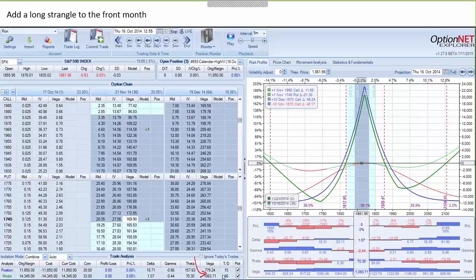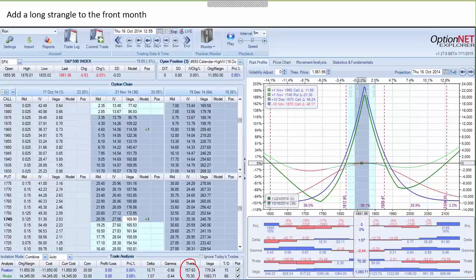On top of that, notice that our risk graph looks not bad at all, right? Notice that our theta, yeah, it got chopped down quite a bit, but hey, we're still making money, right? So we're still making 70 theta a day. And we've basically capped our gamma risk here as well, right?